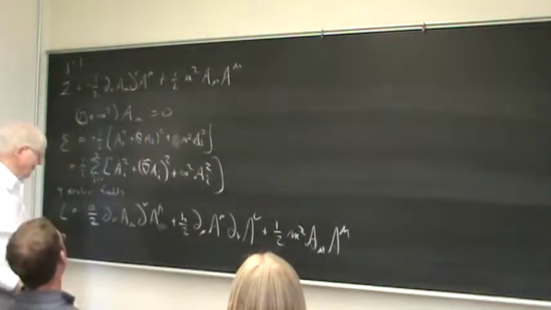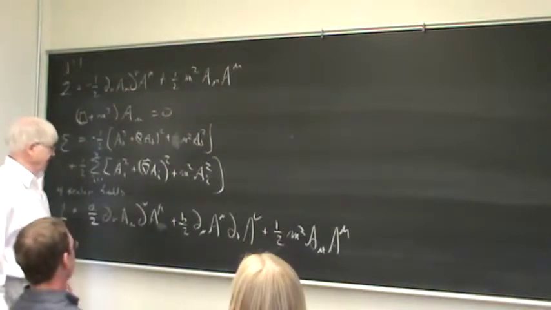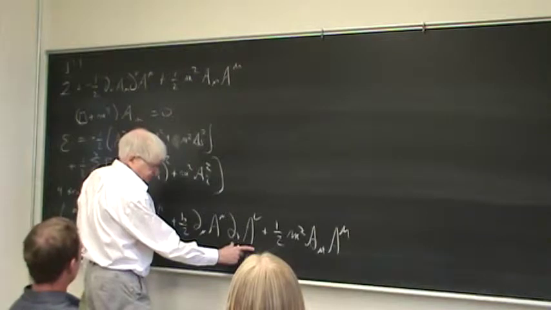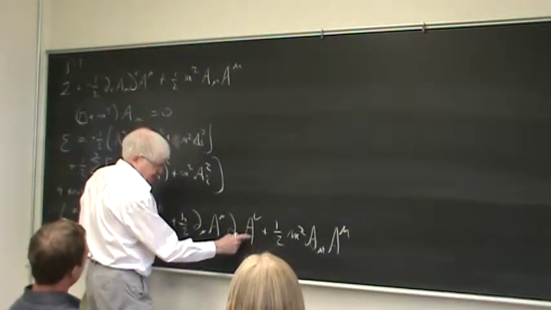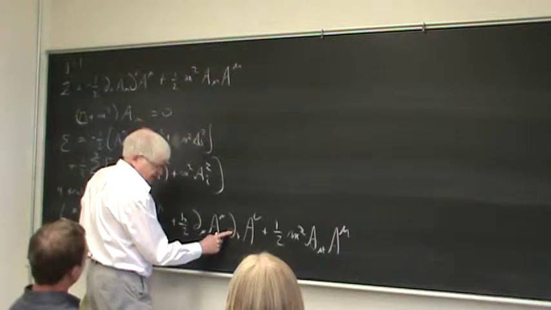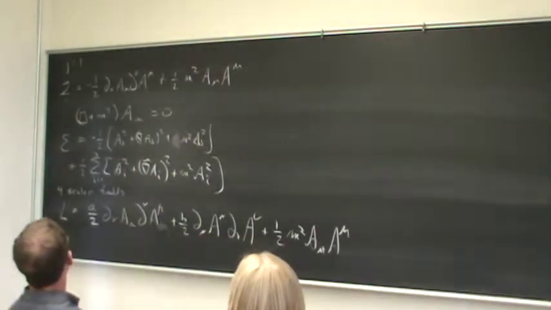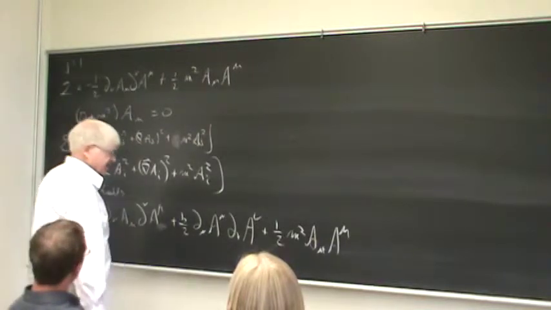Now, you can see right away that there's been a change going from here to here, because if this term is going to be invariant, then since this is a covariant vector, this has to be a contravariant vector. So it actually does mean that we're dealing with a 4-vector field.